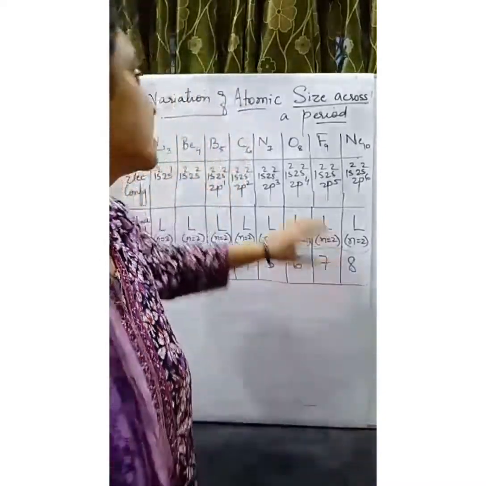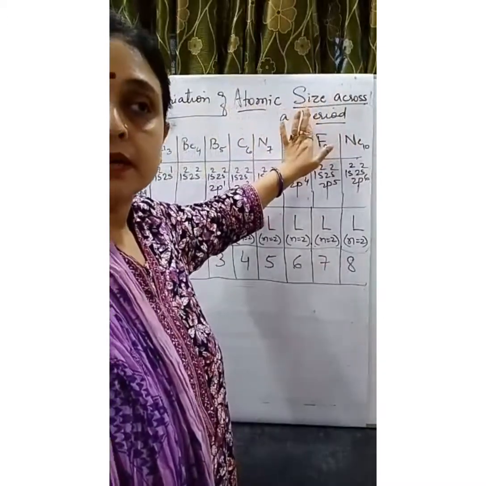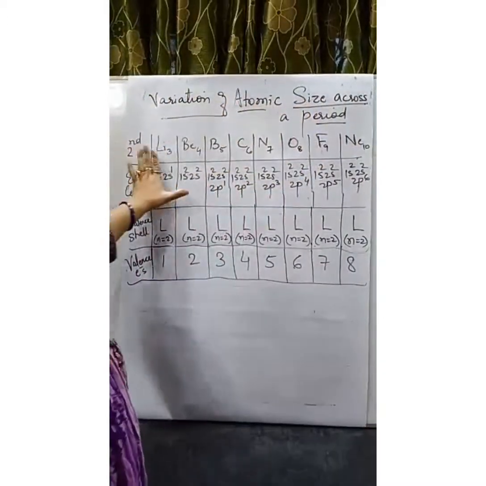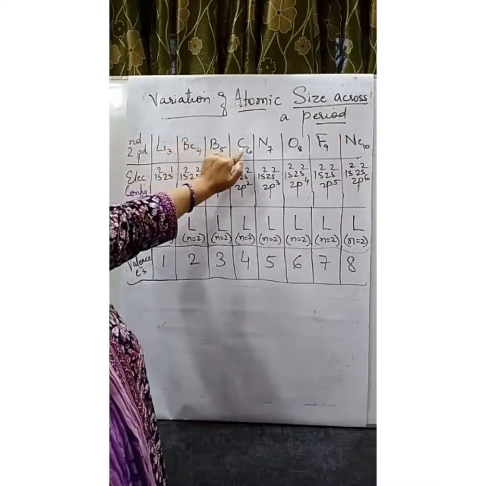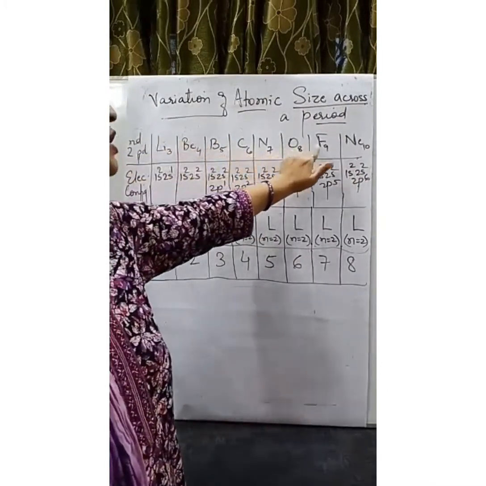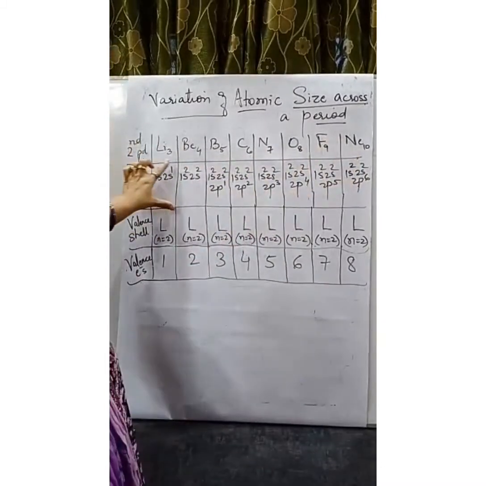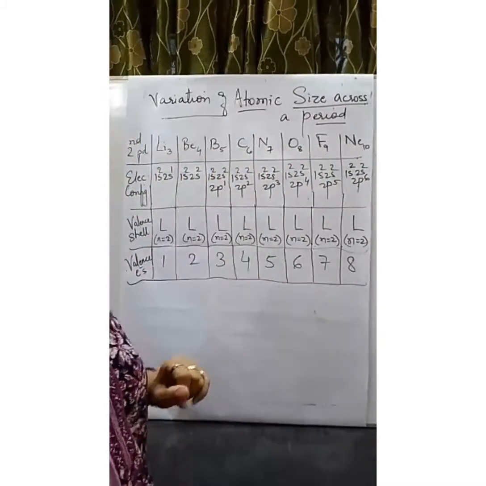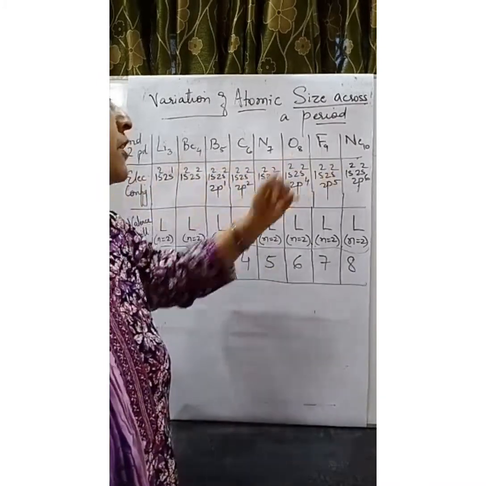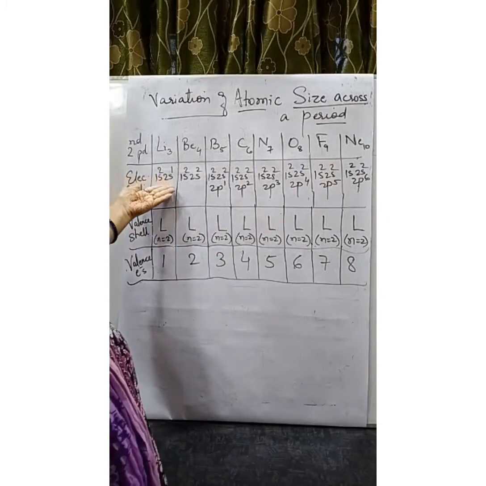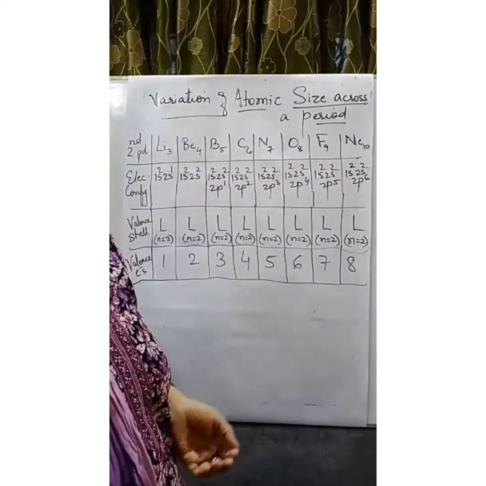First of all, we will study the variation of atomic size across a period. Let us consider the second period: lithium, beryllium, boron, carbon, nitrogen, oxygen, fluorine and neon. And we are putting their electronic configuration. Now, you will notice from the electronic configuration that the number of electrons is increasing with the increase in atomic number.